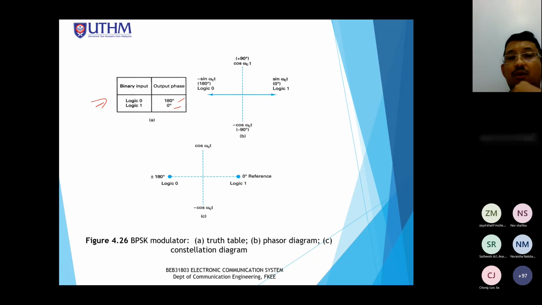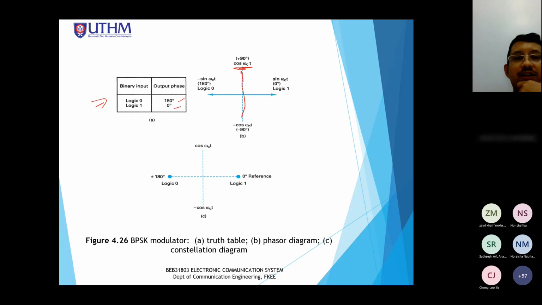of logic 1 and logic 0. And if we draw the phasor diagram, the arrow diagram, the way we want to draw is, you see that the y-axis is for the cosine parameter, for the positive cos and negative cos below.